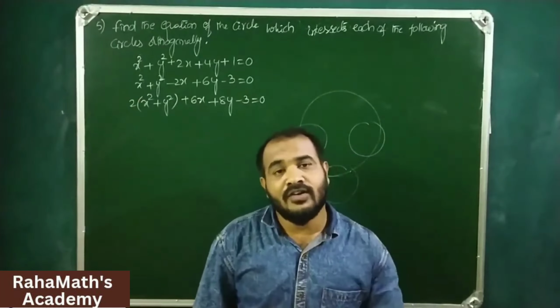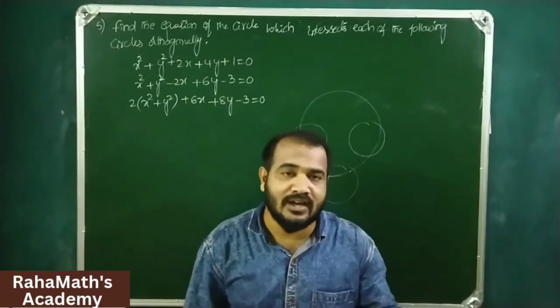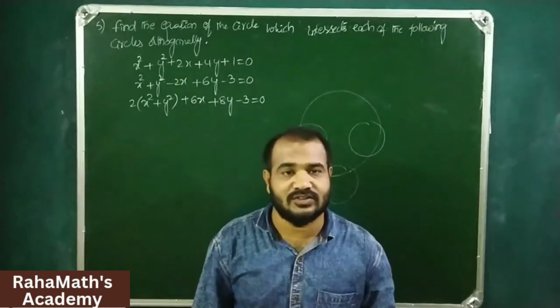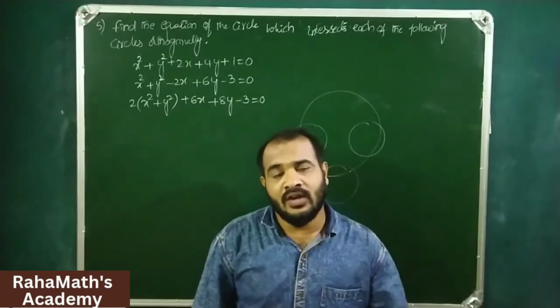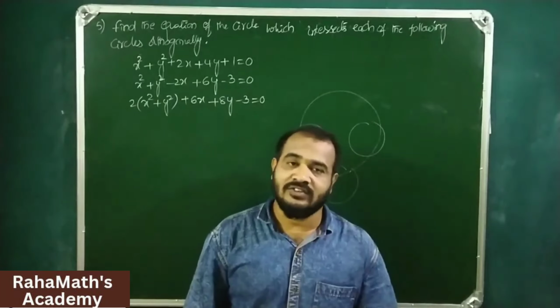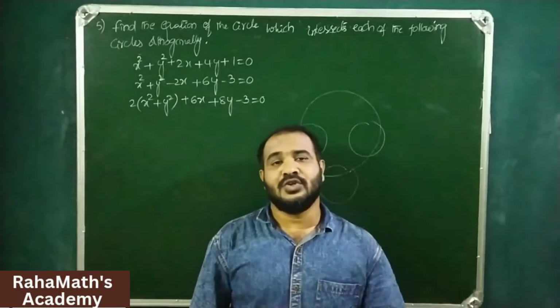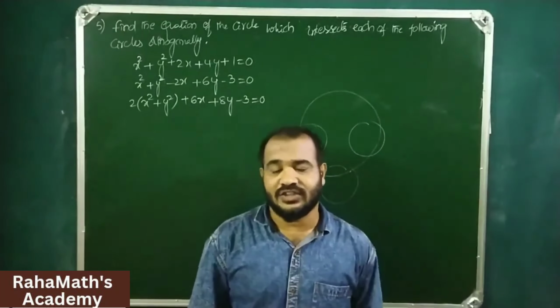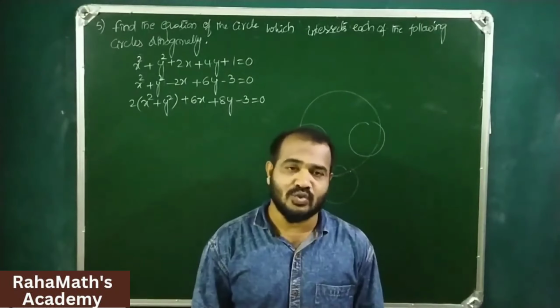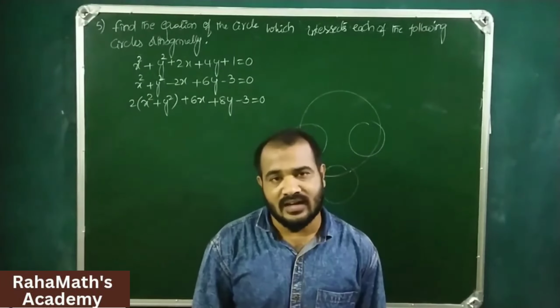Then we will be getting 3 equations in terms of g, f, c and constant equals to 0. If we solve all of them, then we will be getting g, f, c values, and if we substitute back into the general equation x square plus y square plus 2gx plus 2fy plus c equals to 0, then we will get that answer.